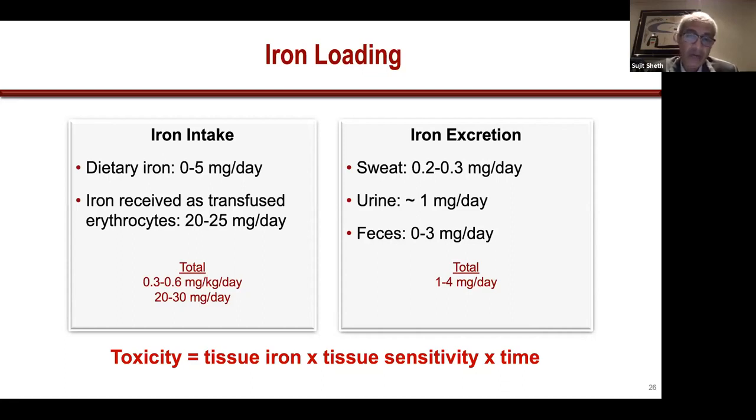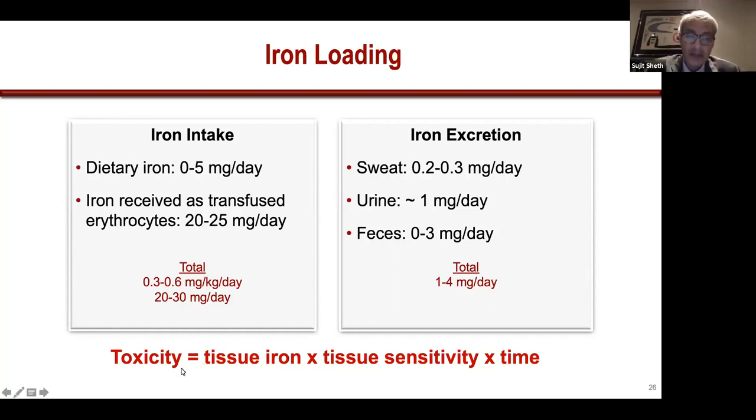So individuals with thalassemia who get regularly transfused are accumulating about 20 to 25 milligrams of iron per day. And that is going to add up because a normal size adult has about 5,000 milligrams of iron. If you're getting 20 to 25 milligrams a day, that's about 0.5% per day. And that's going to add up very quickly. In 100 days, you'll have doubled your iron concentration.